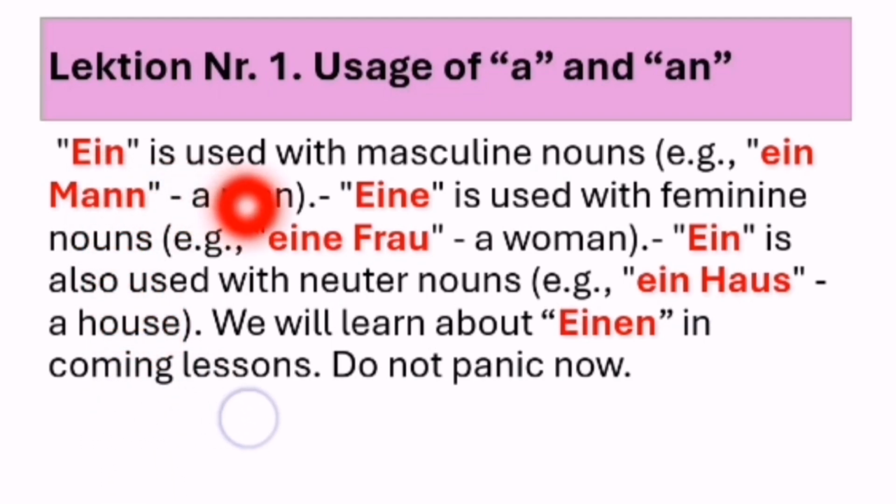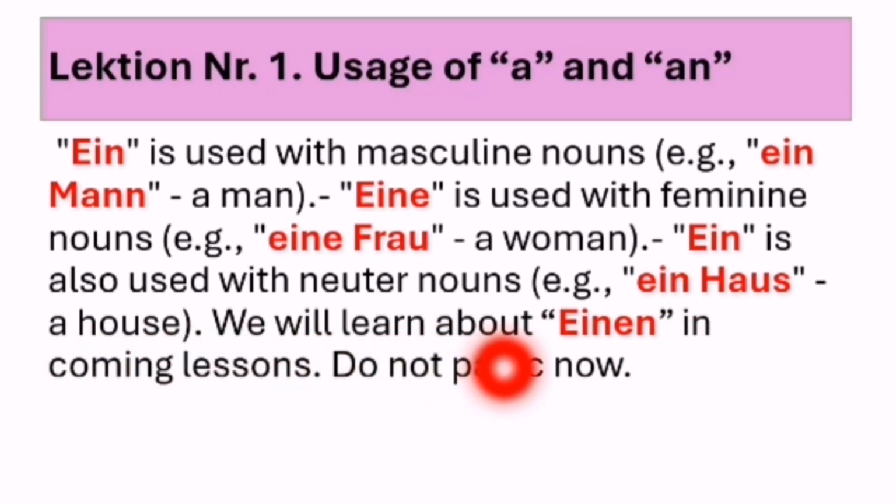So ein is used with masculine nouns like ein Mann in German, and in English a man. Eine is used with feminine nouns like eine Frau, a woman. Ein is also used with neuter nouns like ein Haus, a house.